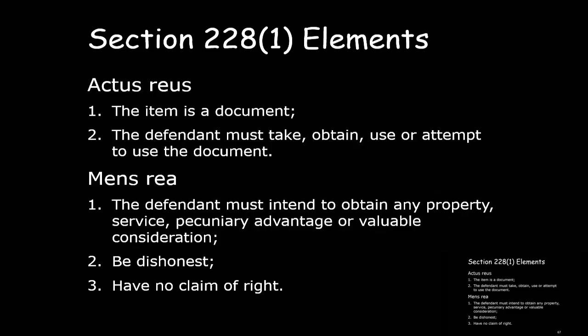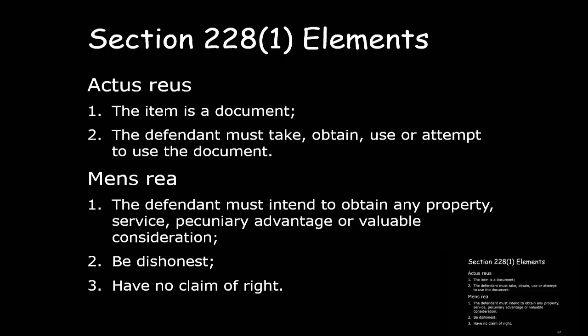So your elements are the item is a document. Now, a document is an incredibly wide definition. It basically covers anything that has writing on it. So you're looking at a credit card, online tickets, paintings, tickets to get into concerts.